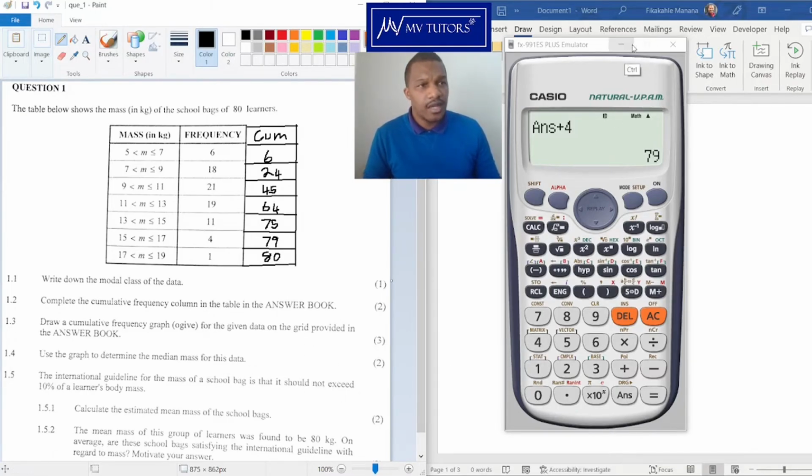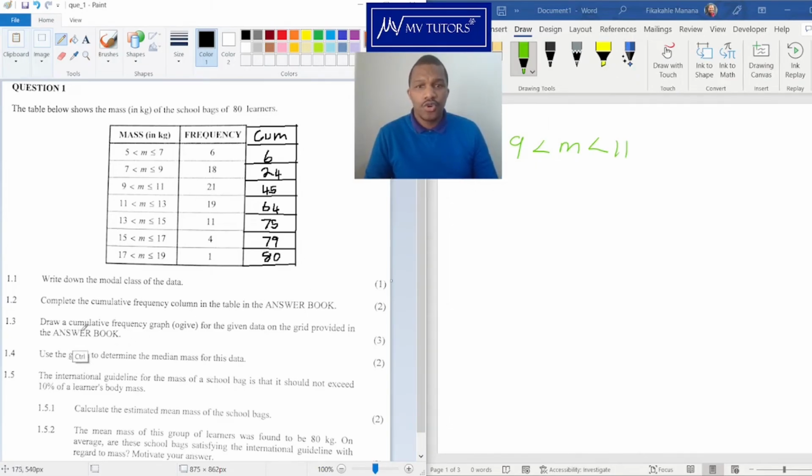Now it says draw a cumulative frequency graph, guys, for the given data on the grid provided in the answer book. To draw this graph, we need another column over this side, the midpoints.